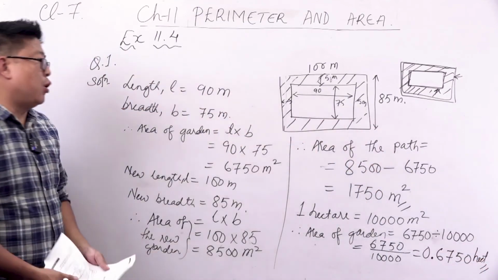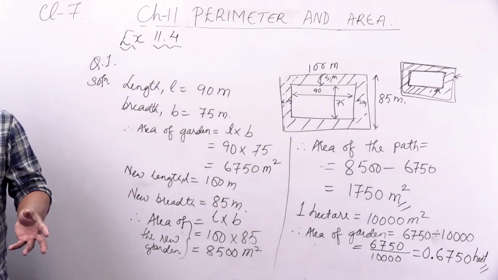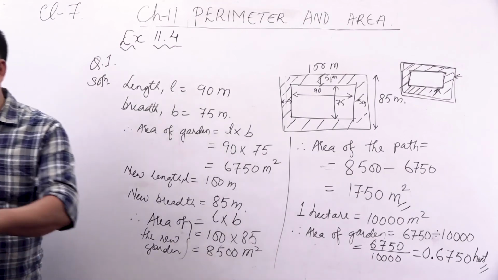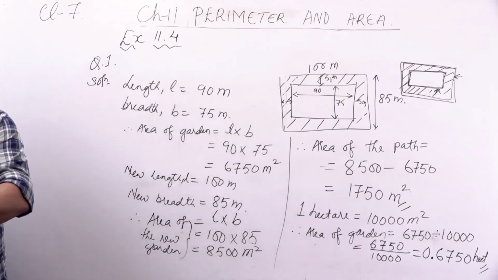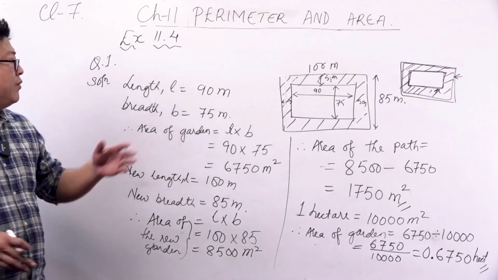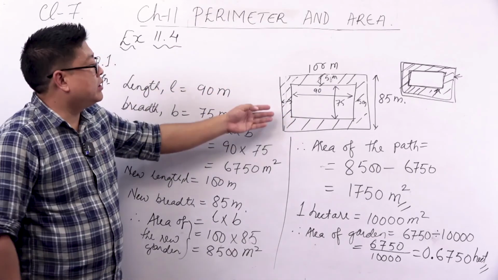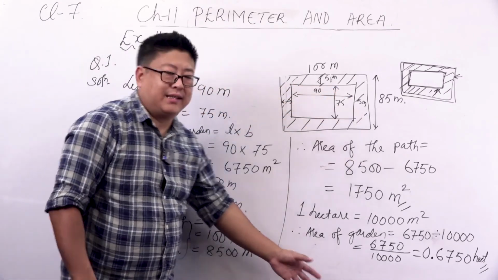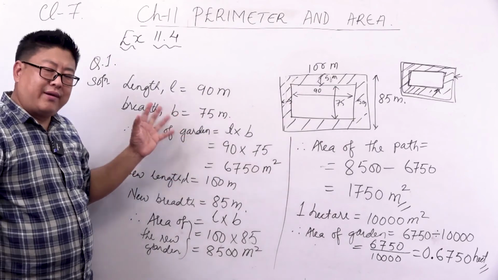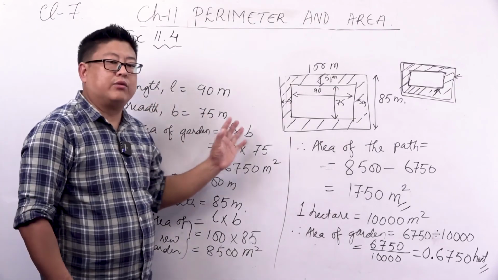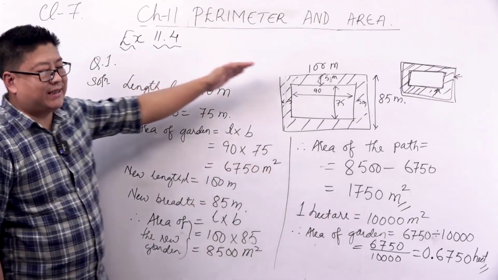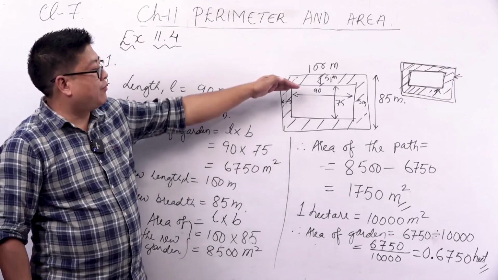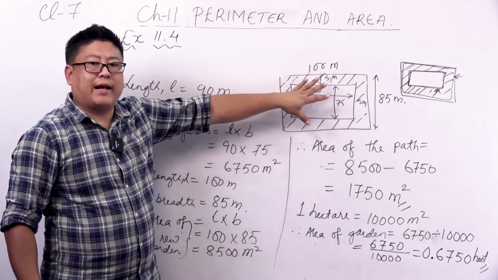These are the type of questions that we will be coming across in this chapter. This is one of the many types. Please practice this. The rest of the questions are very similar to this. All of them have a similar pattern where you have to find the whole rectangle.